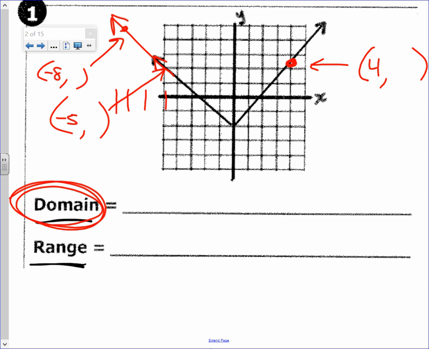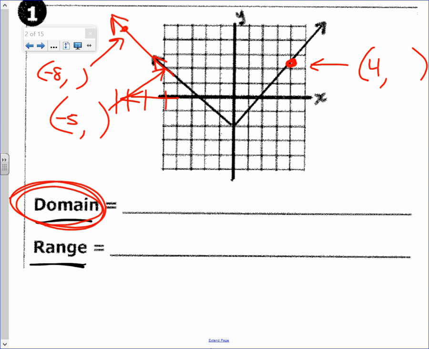If it keeps going, that means the input can be any negative number to what's infinitely this way on the x-axis? Negative infinity, yeah. So x can be any number to negative infinity. Think about that.